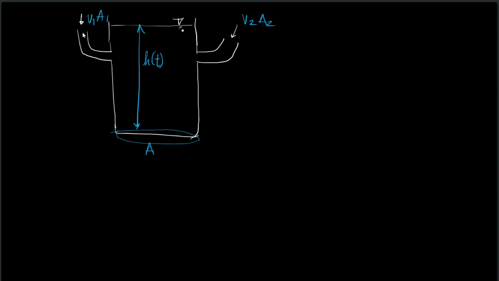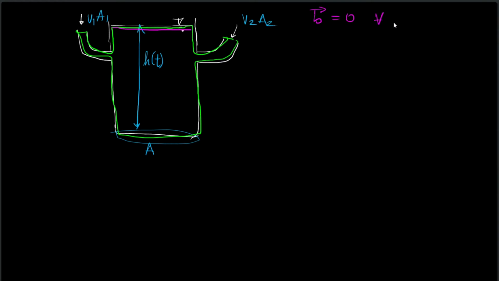Now let us choose the control volume as shown by the green line. What are the properties of the control volume? For all the surfaces except the pink surface, the velocity of the control volume is 0.